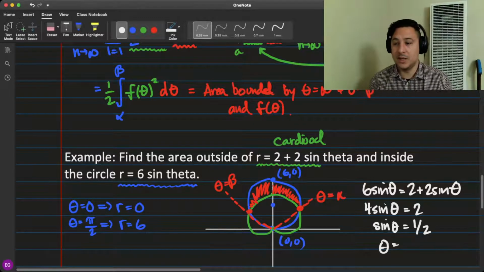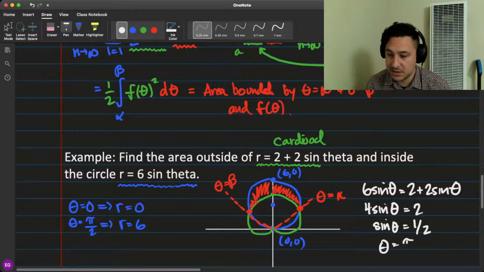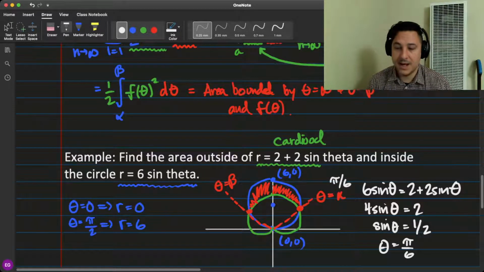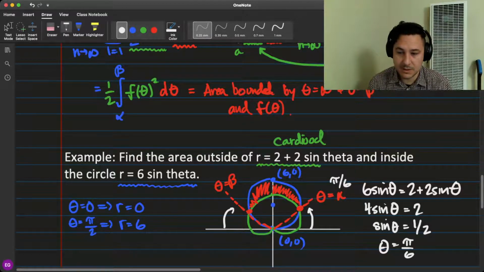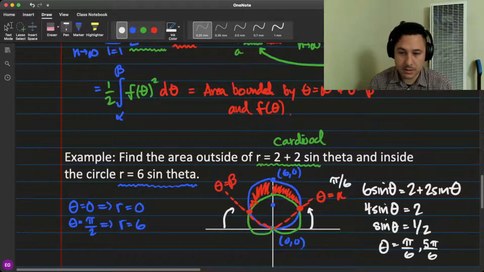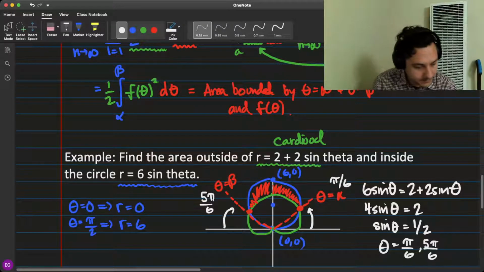It's 30 degrees, also known as pi over 6. So this alpha right here is pi over 6. And then over here, they're going to have the same reference angle, so this one's going to be 5 pi over 6.